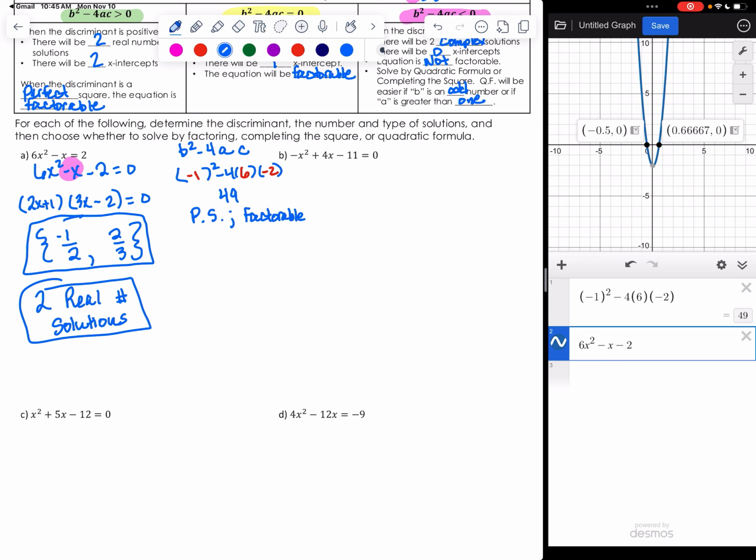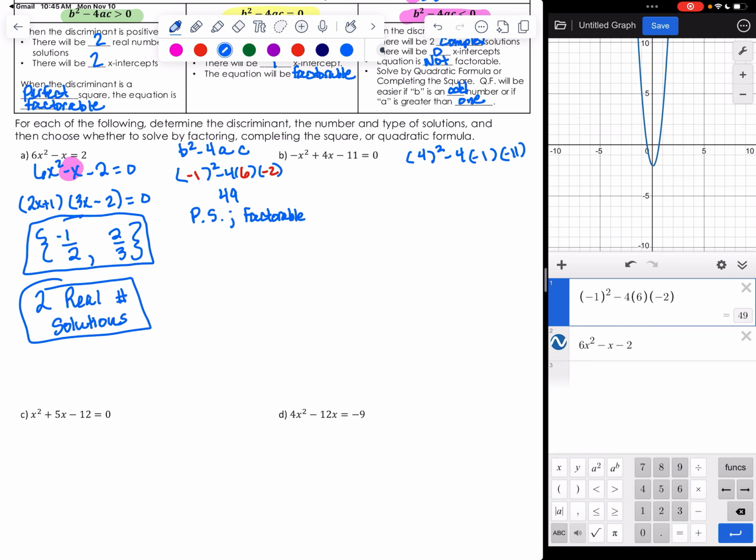Okay. All right, problem B. We have negative x squared plus 4x minus 11 equals 0. So it's already in standard form. So I'm going to calculate my discriminant here. I'm going to plug in a 4 for the b, a negative 1 for the a, and a negative 11 for the c. So let's just edit these numbers here.